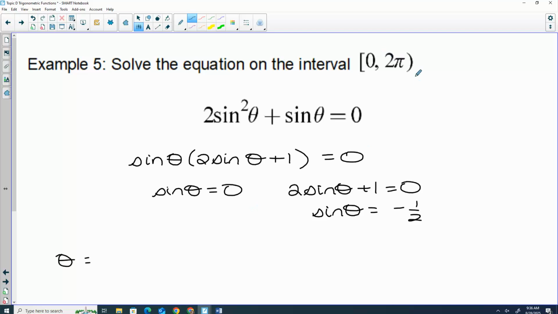Alright, I only asked for 0 to 2 pi, so I don't have to put the plus 2 pi k. When is sine 0 on my unit circle?